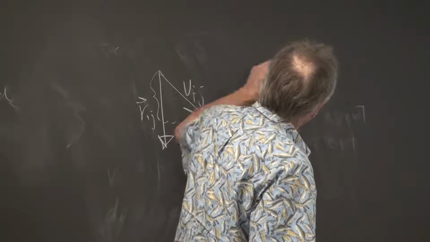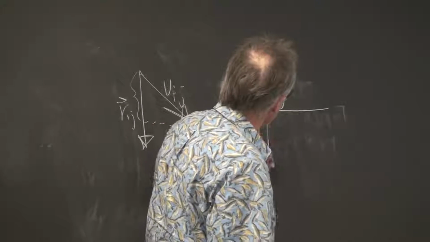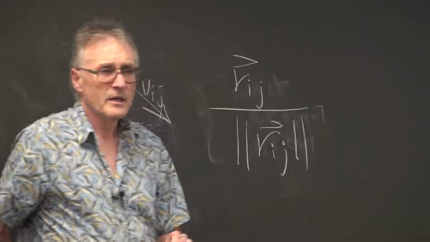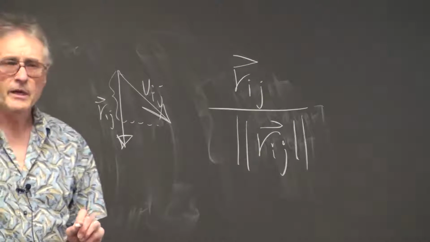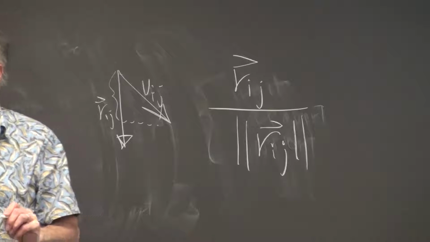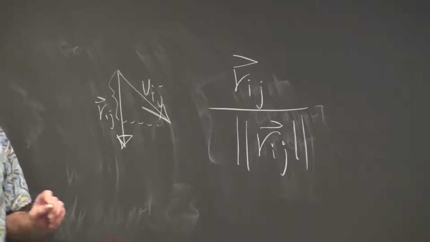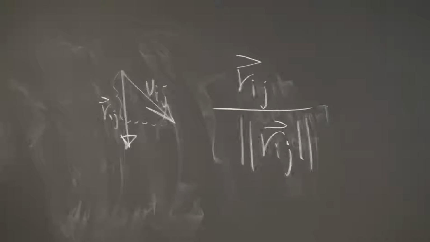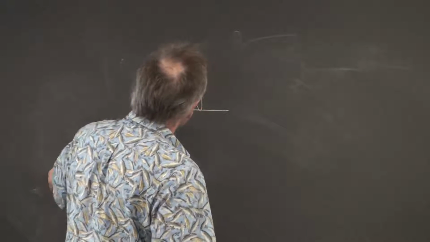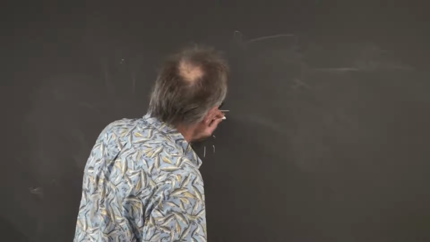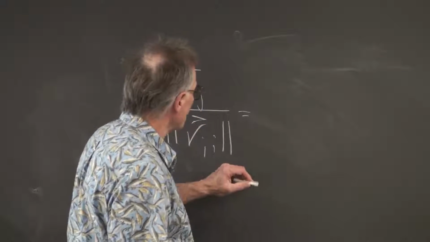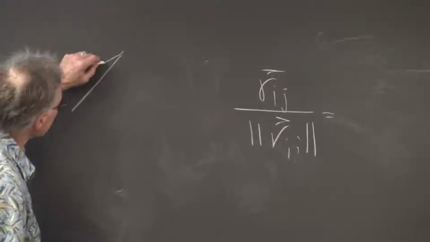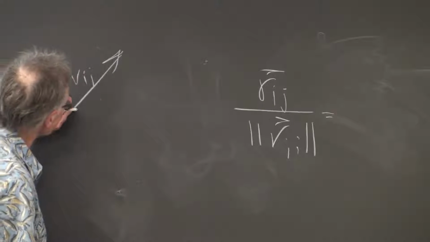Do you recognize this particular bizarre looking thing in terms of trigonometry? Can you say, oh well, Rij over the magnitude of Rij is just, so let's say that this is Rij.